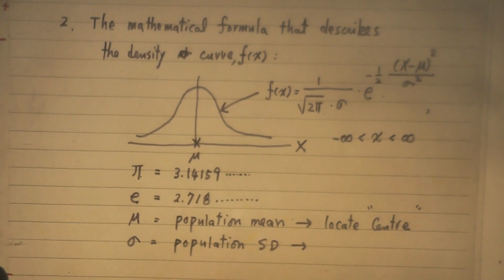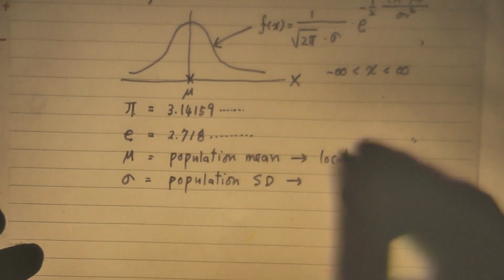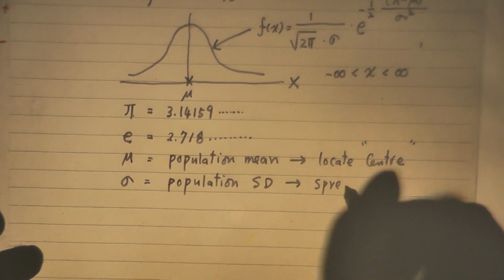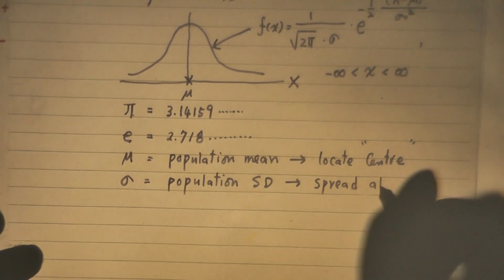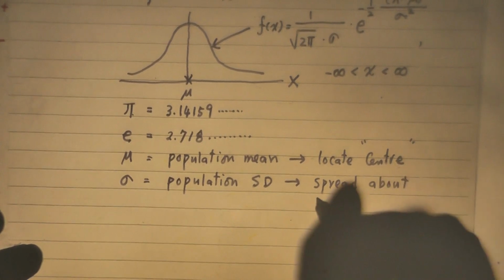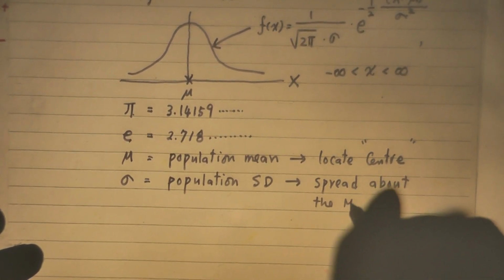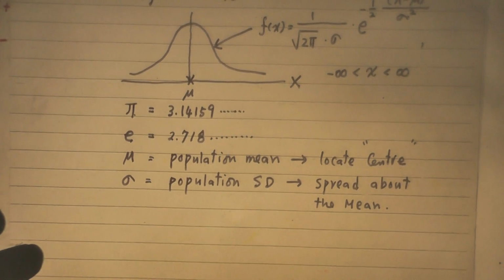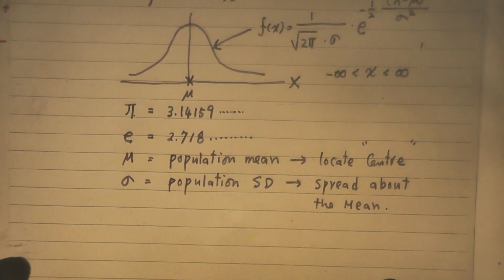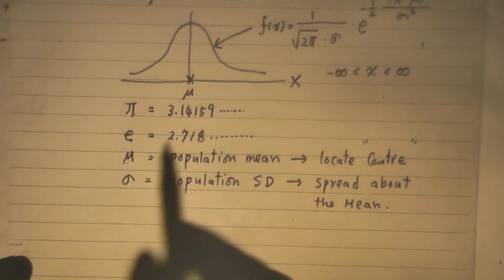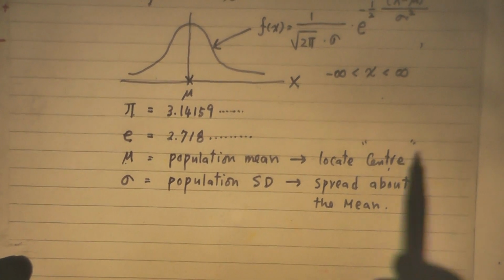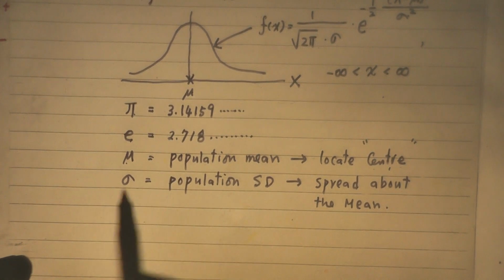This one describes how big the spread is. It describes spread about the mean, okay? Now, it's very simple. Mu is a number located at the center of the normal distribution.